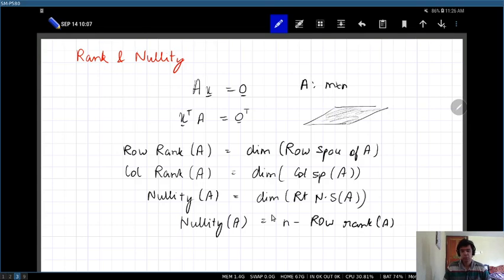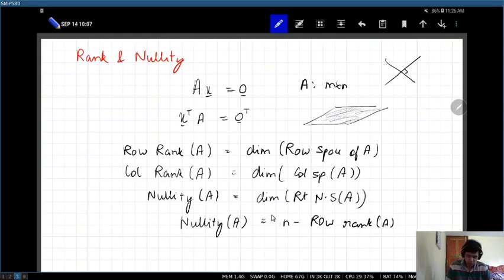So the row rank plus nullity is equal to n, and that is geometrically pretty obvious, because for example in 3 dimensions, if you have a vector space of dimension 2 which is a plane, then the set of all vectors orthogonal to this plane is a line, right? In 2 dimensions, if you have a line, then the set of all vectors orthogonal to this line is another line, a perpendicular line.